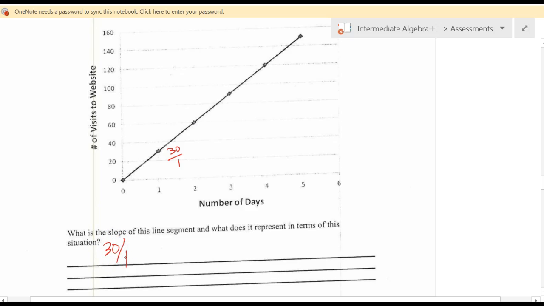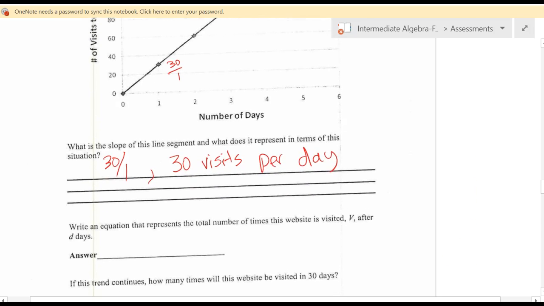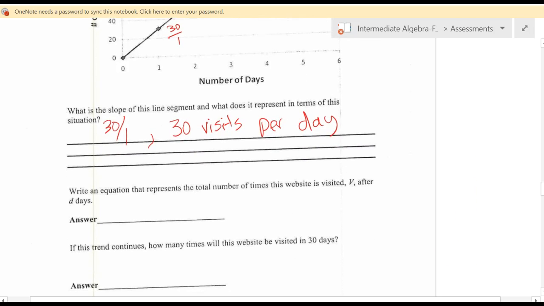And what does that represent? That represents 30 visits in one day. 30 visits per day. It says write an equation that represents the total number of times this website is visited after D days.